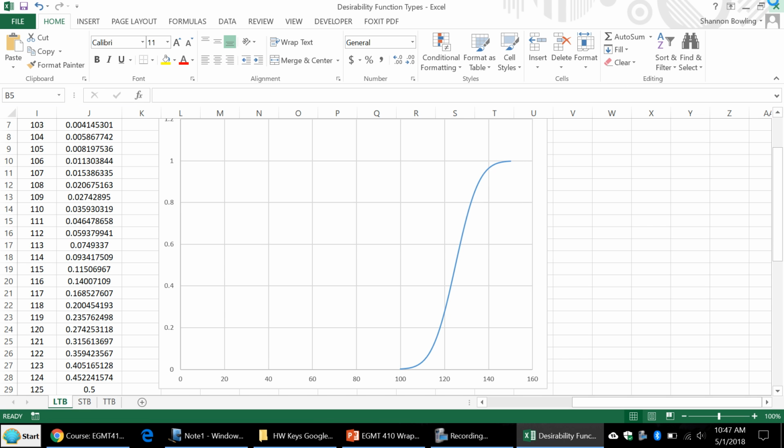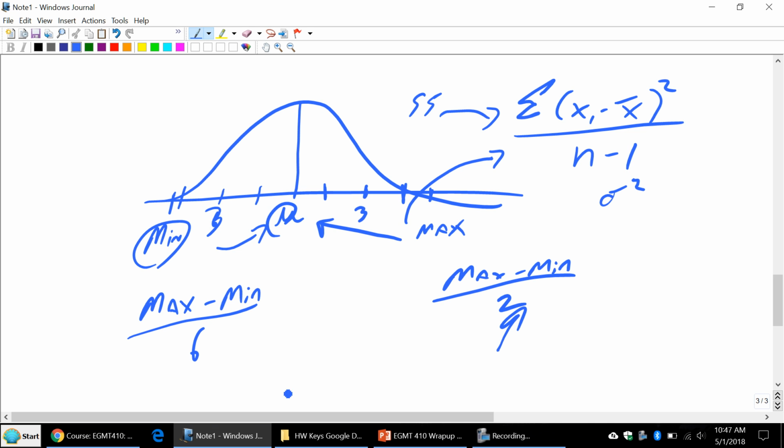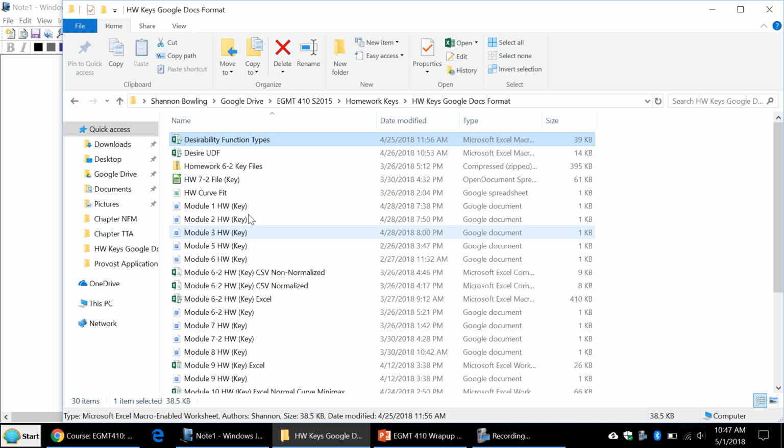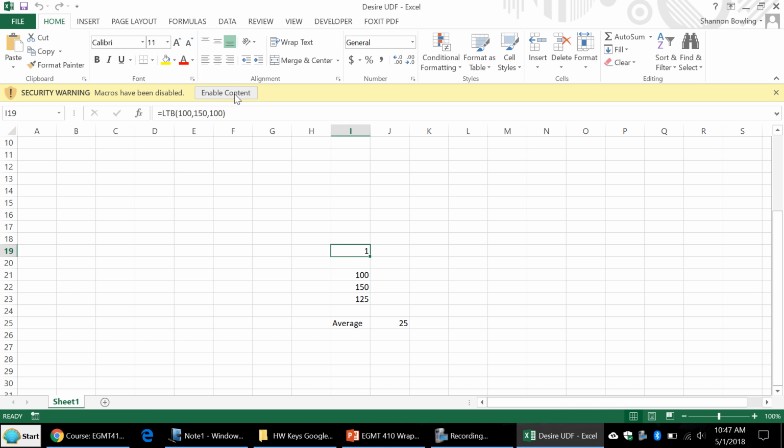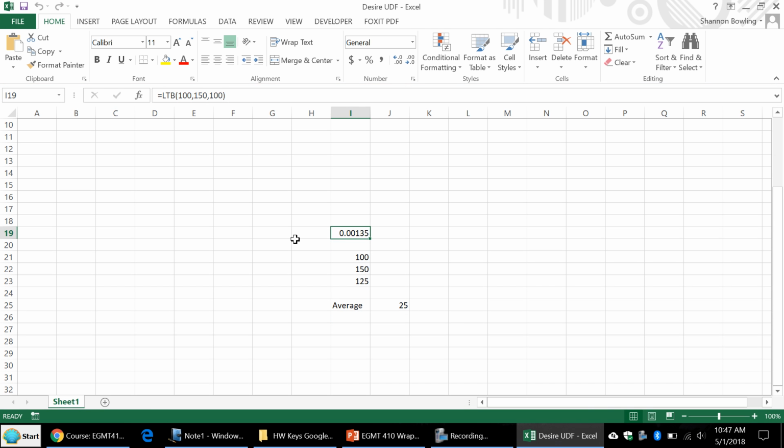One of the things that I want to show you, though, that is something really cool, is what's called a user-defined function. The cool thing about Excel is you can go in, and if you need the data to do something and there's not a function, well, one, you can use VBA and write a program, but you can make your own function.